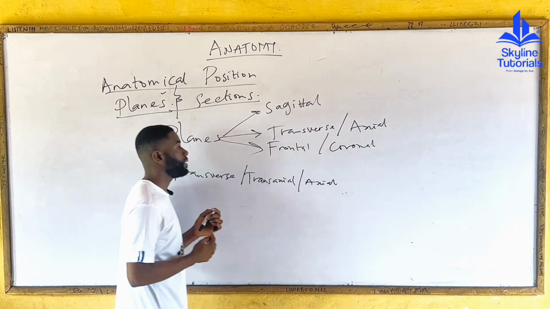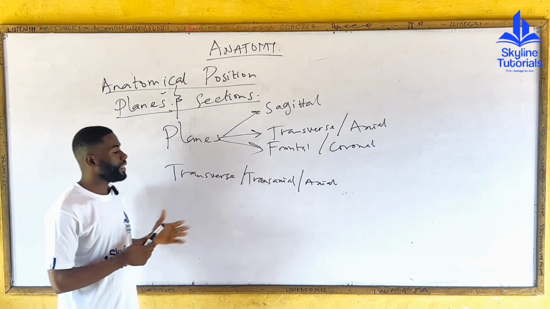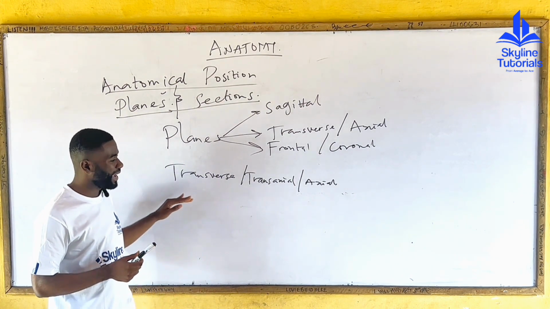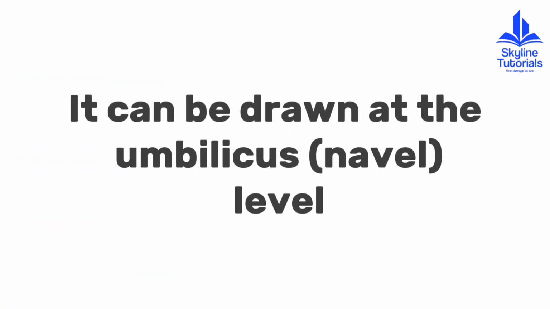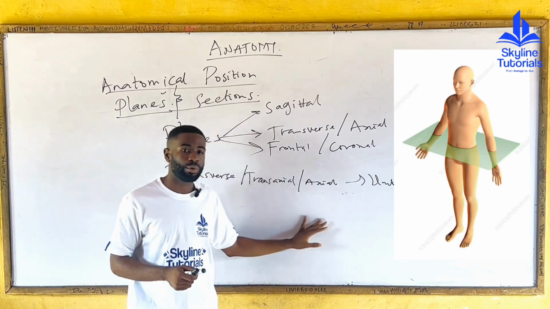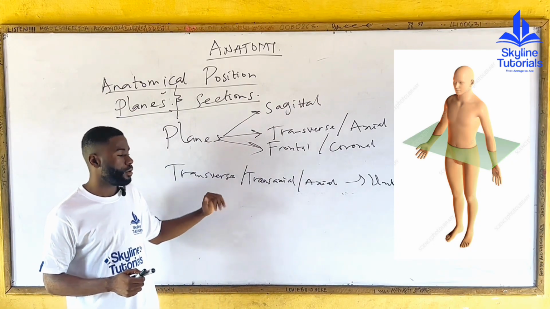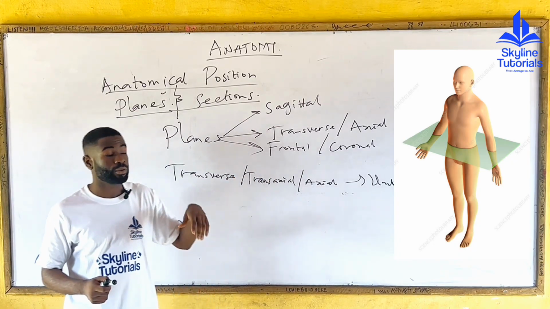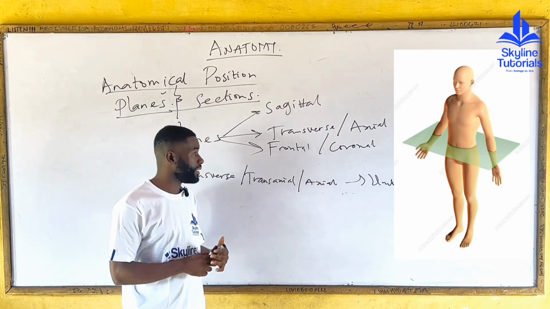They all mean the same. So the exact lining of a transverse plane is at the umbilicus. So we would have an image to depict that. So the transverse plane divides the body into two parts, upper and lower parts, or superior and inferior.